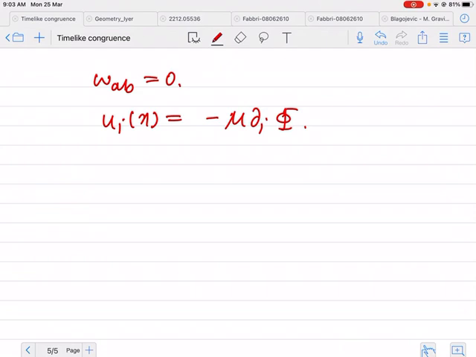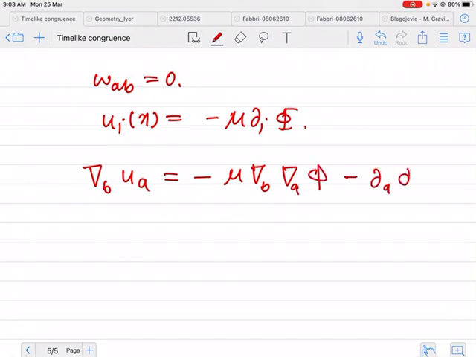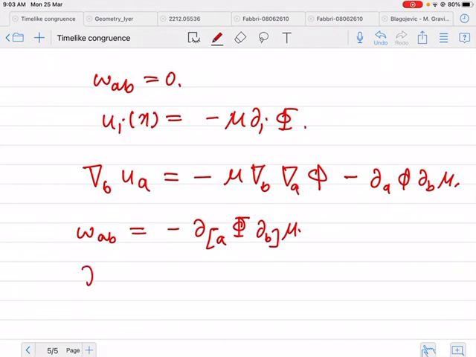From this we have del_b u_a equal to minus mu del_b del_a phi minus del_a phi del_b mu, which implies that omega_ab is equal to minus del_a phi del_b mu, and we get the condition del_a mu equal to u_a u^b del_b mu.